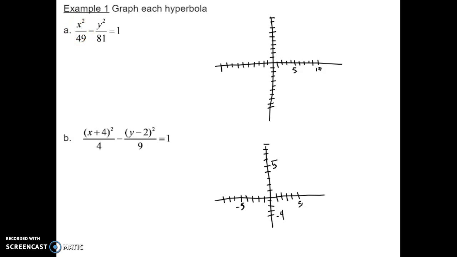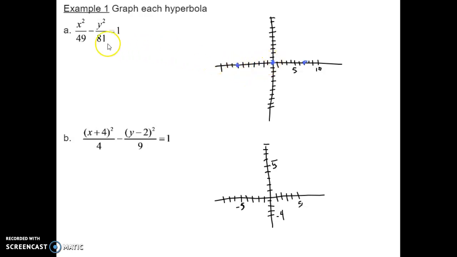All right, so I'm going to graph this hyperbola relatively quickly. I am going to have a center at (0, 0). And then I am going to go, just like the x-axis, this number is underneath x, 7 to the left and 7 to the right. So here's 7 right, 3, 4, 5, 6, 7 to the left of the center.